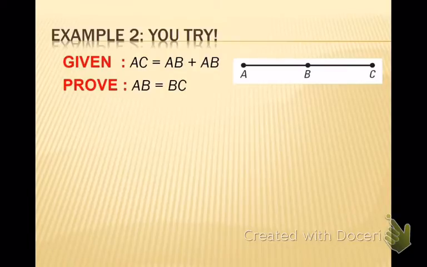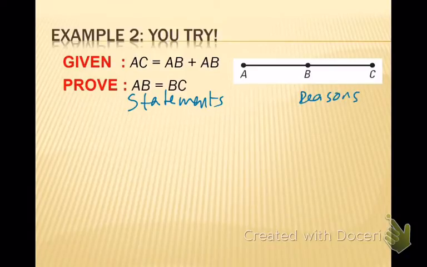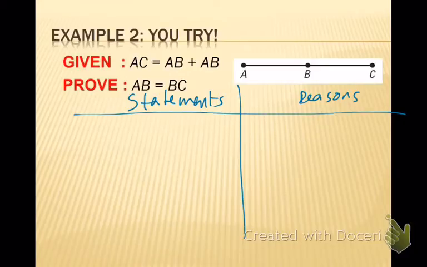we have that diagram. We're given that AC is equal to AB plus AB. And then we want to prove that AB is equal to BC. So again, we need some statements and some reasons. Okay.